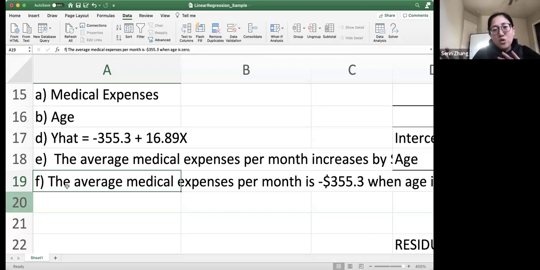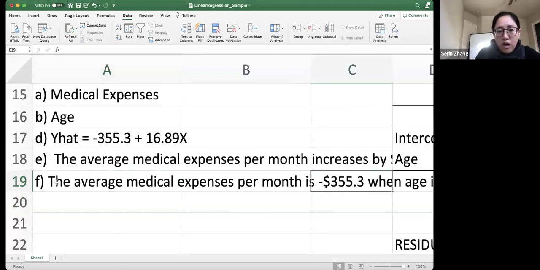In that case, your medical expenses can be negative. You get $1,000, but you don't spend that much money on the baby's medical expenses.